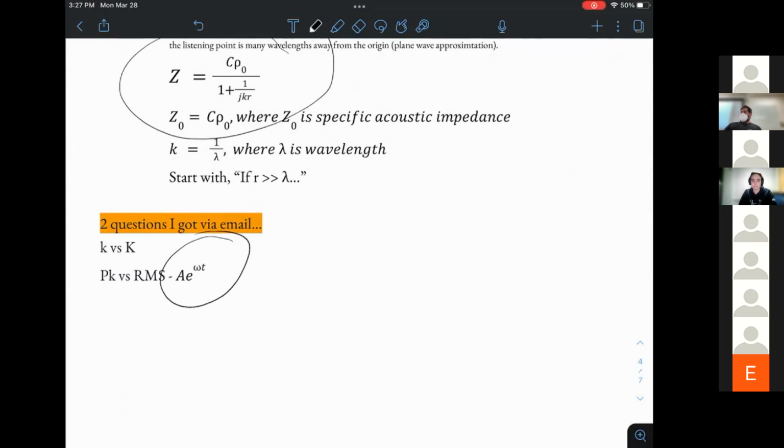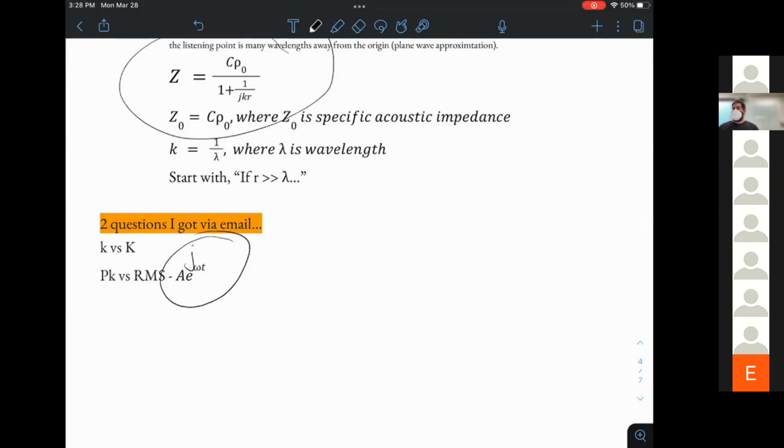The reason that it has that name is that, if I have e to the j omega t, what's the real part of that? I want to take e to the j omega t and take the real part of that. What would that be?